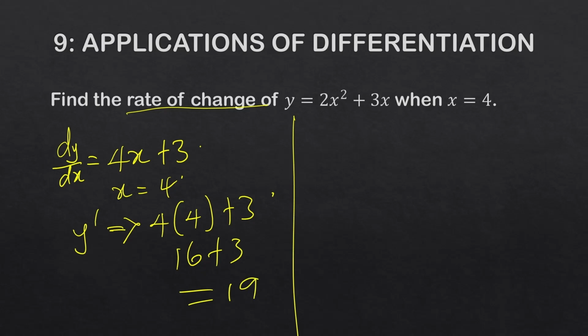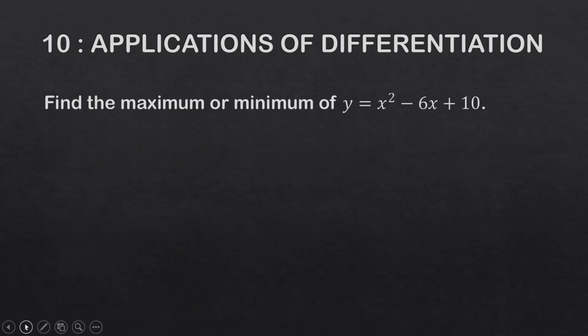All right. So let's go to number 10. Number 10 says, find the maximum or minimum of this. It must be maximum. There is no minimum here because, okay, let's solve.